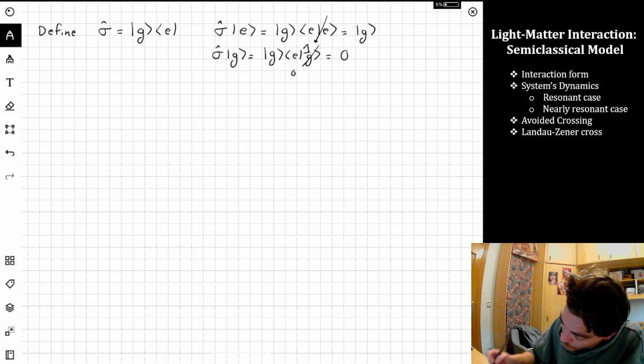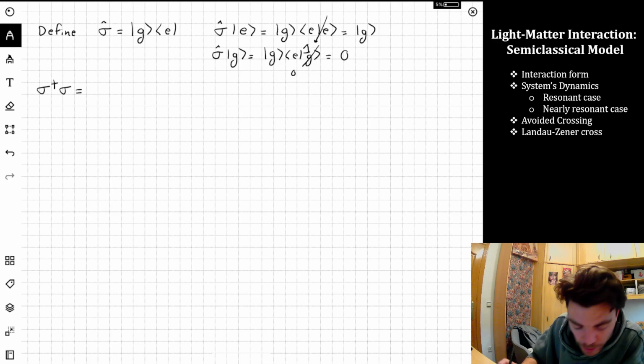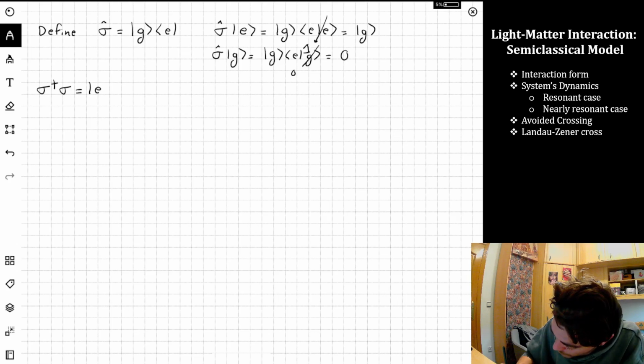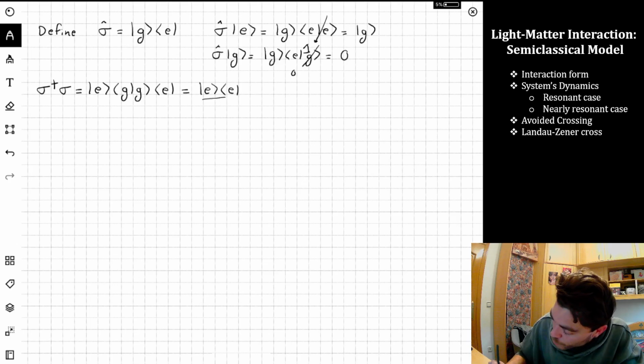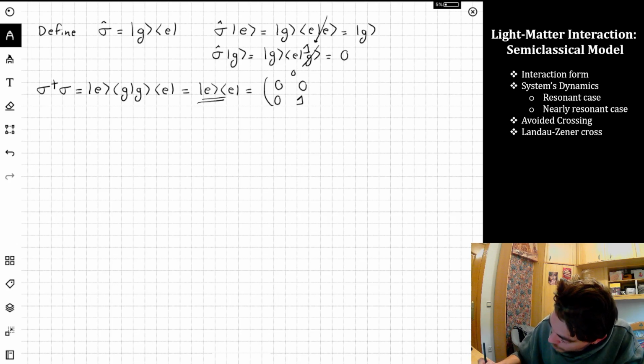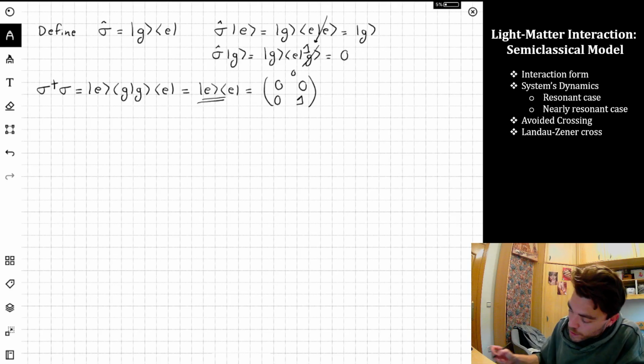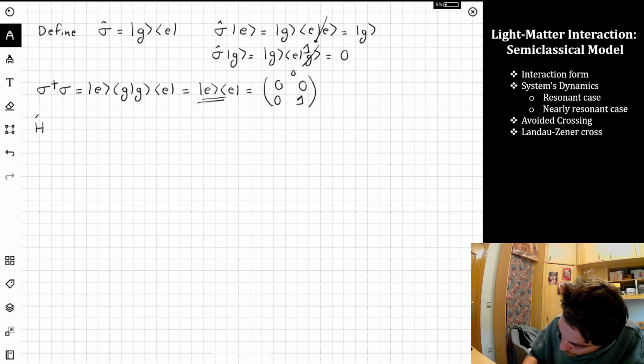Alright, so this means that if I apply sigma plus to sigma, then what I get, just by definition, is E, G, G, E, which is exactly EE, which again is exactly the operator we used before for the atom. So this is a very convenient way of writing the Hamiltonian of the system, because now the Hamiltonian would be the Hamiltonian of the atom, h bar omega 0, and now I can just write sigma plus sigma, which is this EE.